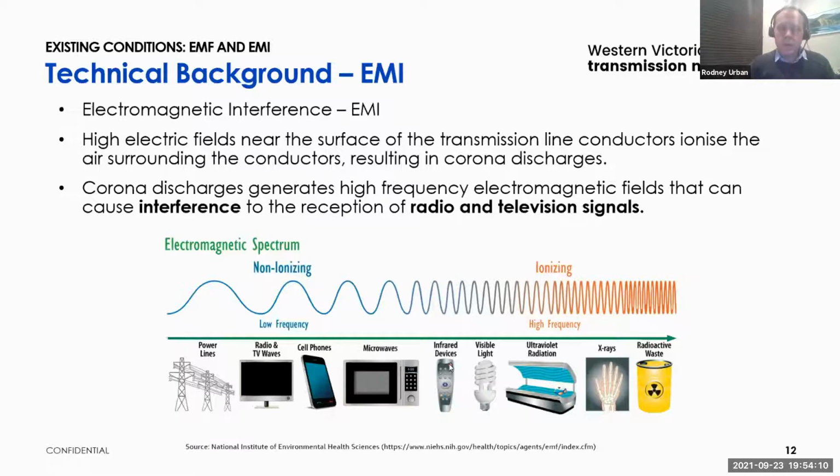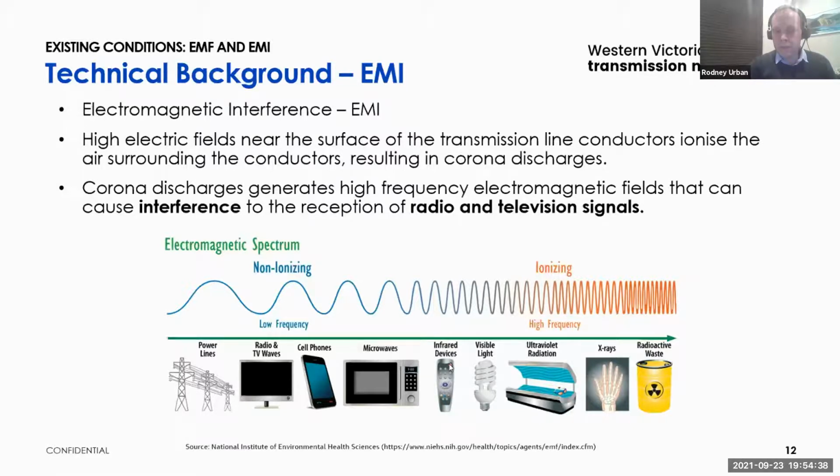With EMF, we were talking about 50 hertz or 50 cycles per second. Now with EMI, we're talking about much higher frequencies. The frequencies of interest are typically around 500 kilohertz or 500,000 cycles per second, all the way up into the megahertz range. On the picture at the bottom of the slide, we're talking about interference to radios and TVs.